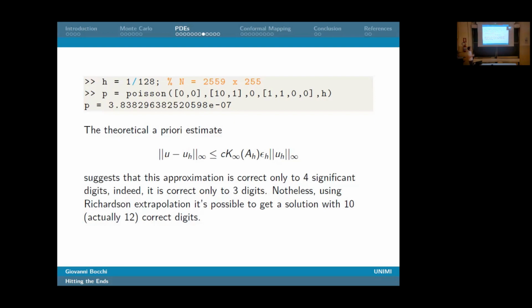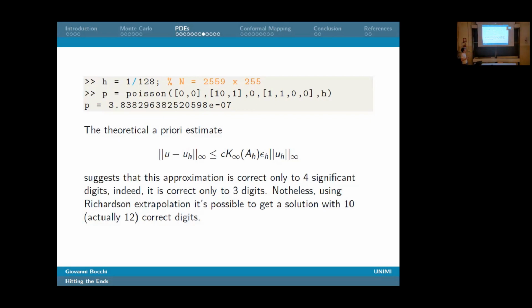Nonetheless, there is a common technique for finite differences, Richardson extrapolation, that usually uses the error to increase the accuracy of the numerical scheme, which is already an order 2 scheme, so it's already quite accurate. With that approach, we could get a solution with 10 significant digits, actually 12.